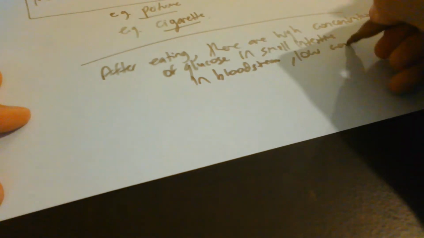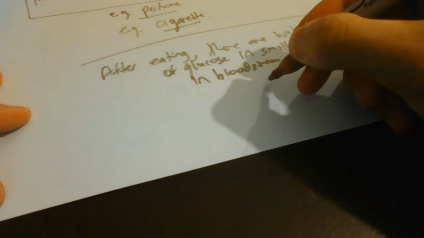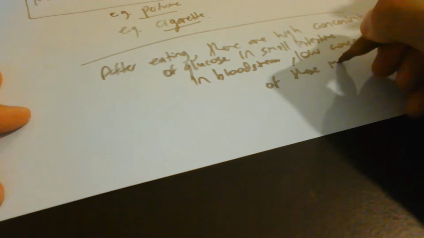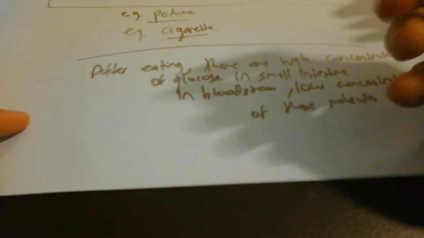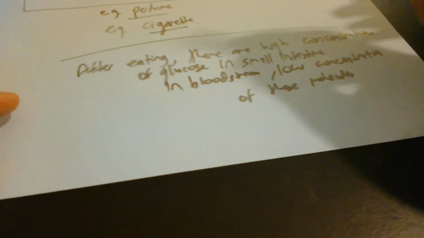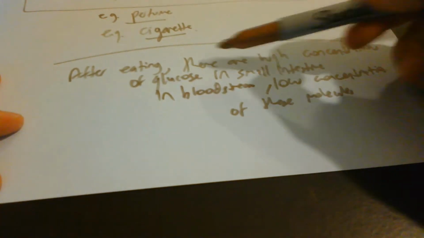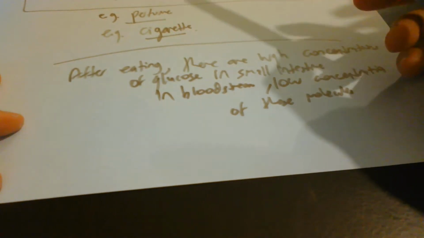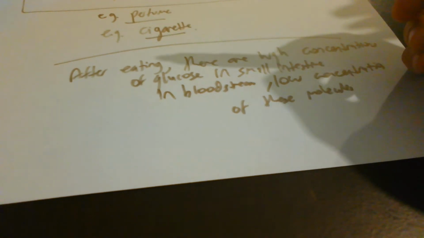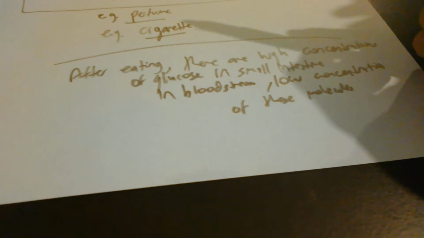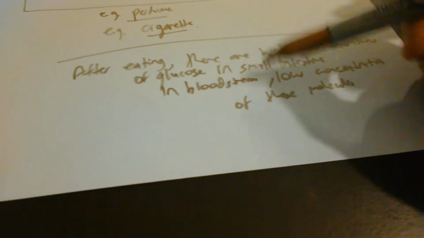In the bloodstream, however, you get a low concentration of these glucose molecules. So when you're eating, this is metabolism. In your intestine there's a high concentration of glucose molecules, but in your bloodstream there's a lower concentration. It hasn't yet been metabolized. So when you're eating, that's what's going on.